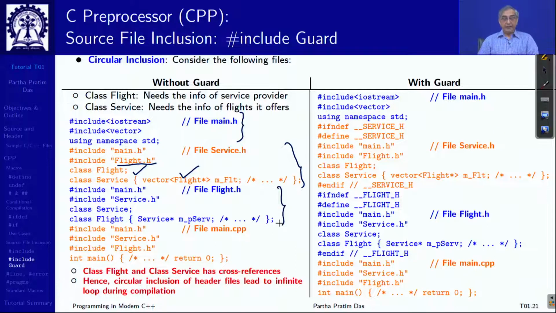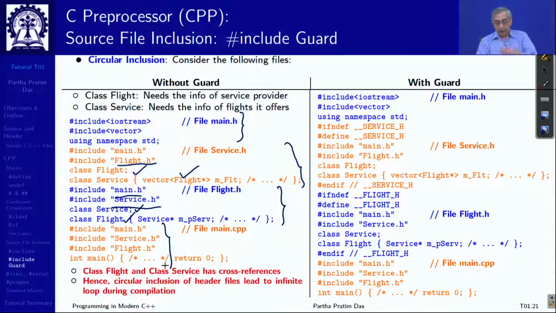There is a flight dot h, which includes main service dot h, forward declaration of class service, class flight. So, what is there is a flight, there is a service. The service needs to know the flight, flight needs to know the service. So, the header of flight includes the service, header of service includes the flight. Now, naturally when you write the main, you will include both of them, right, because there are cross references.